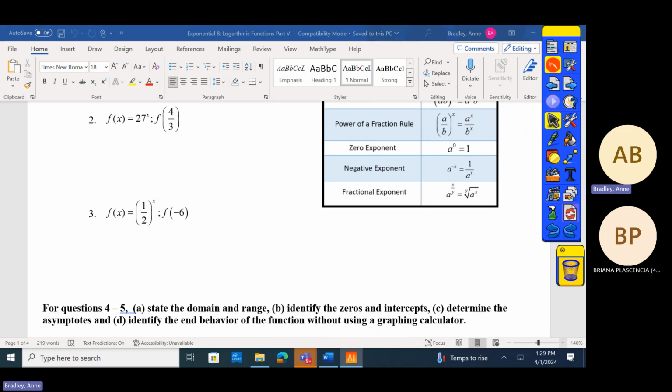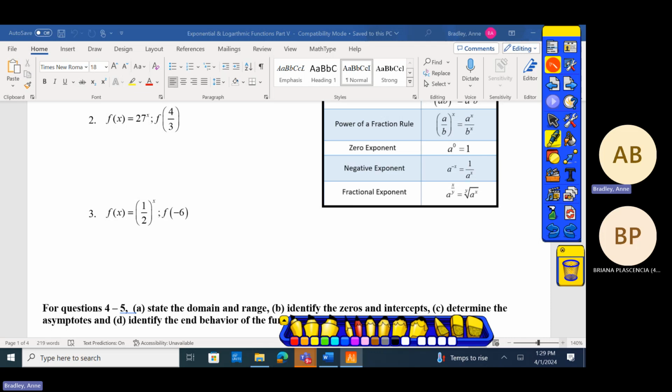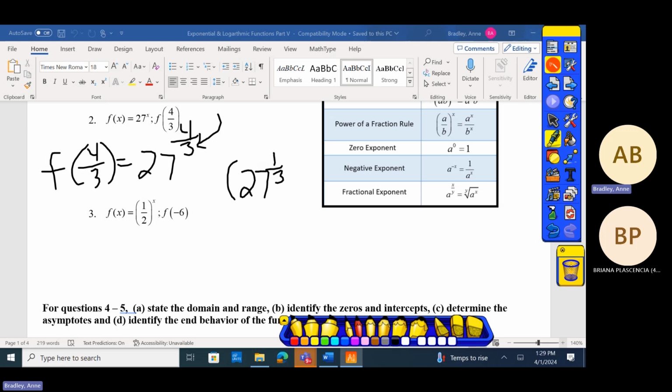Okay, if I move this up, I have now f of 4/3 equals 27 raised to the 4/3. As a reminder, we always want to take care of the denominator in the exponent first. So we want to think of this as 27 to the 1/3, and then afterwards I'll raise it to the 4th every single time. So what does this portion mean?